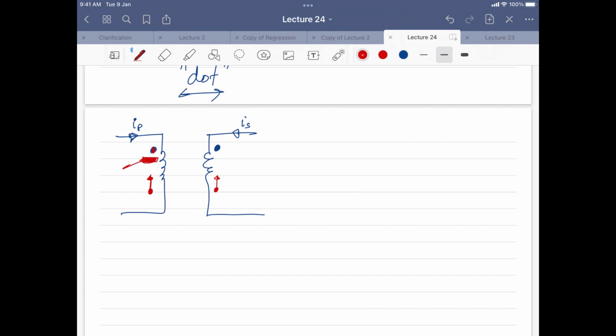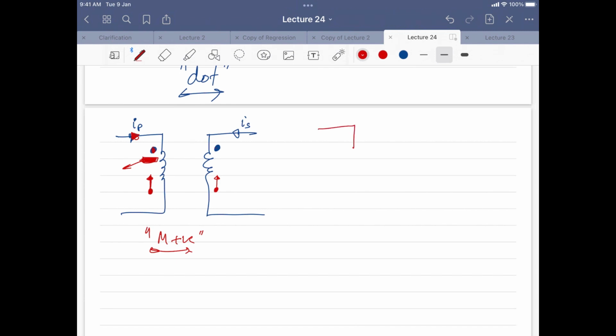If IP is a person moving into the dot, is it entering the gate or not? Yes, it is entering the gate on this side. How about this side? It is entering the gate. So in both cases it is entering the gate. That means M is positive here. Mutual inductance is positive.